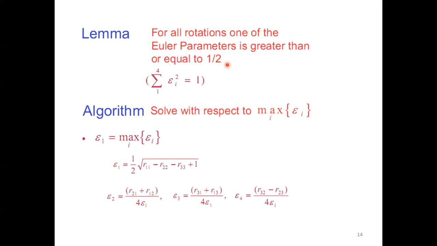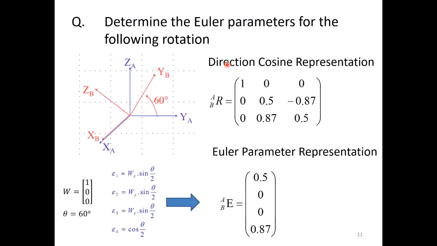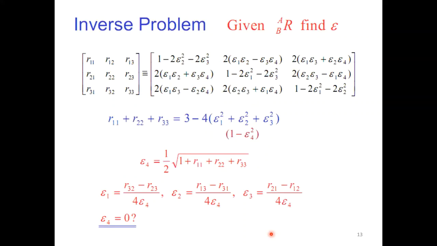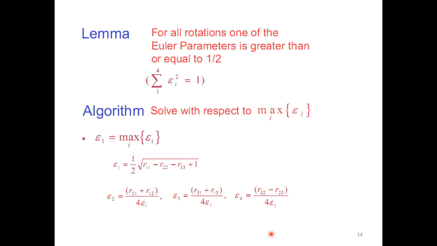Therefore, there's always one Euler parameter which is non-zero. Now you saw in the previous case that 2 Euler parameters are zeros, and one of these parameters is greater than half, 0.87. You always have one parameter which is greater than half. So you can first calculate that parameter. All you need is a non-zero one, but if you get the biggest one, you are assured.